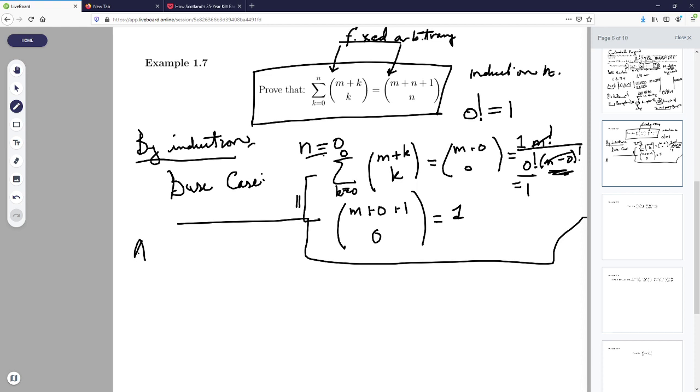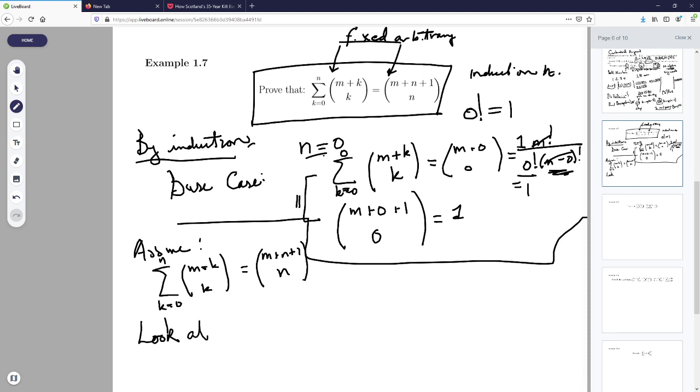So now let's assume that the sum of m plus k choose k is equal to m plus n plus 1 choose n. All right, so now what? Now we want to look at the sum up to n plus 1.